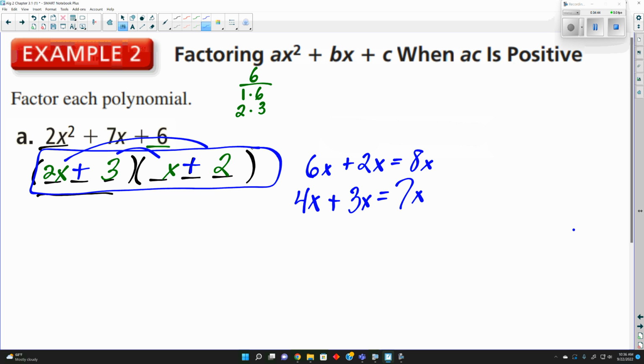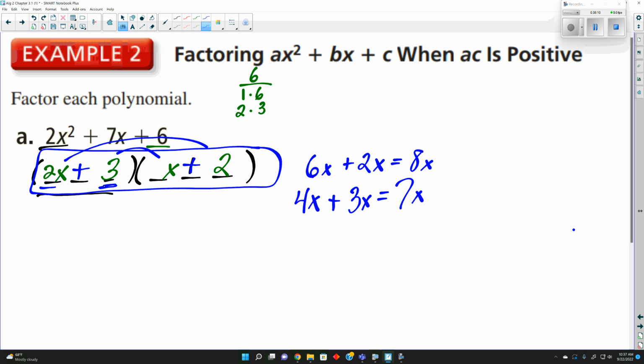Questions on any of this here? Basically, this is going to be the work. Now, guys, as we saw with this here, you're going to start seeing a lot of tricks or kind of patterns that start emerging. Because if there's not a greatest common factor to begin with, there can't be one in either set of parentheses. So we know since this is 2x, the number that goes with 2x can't be even.